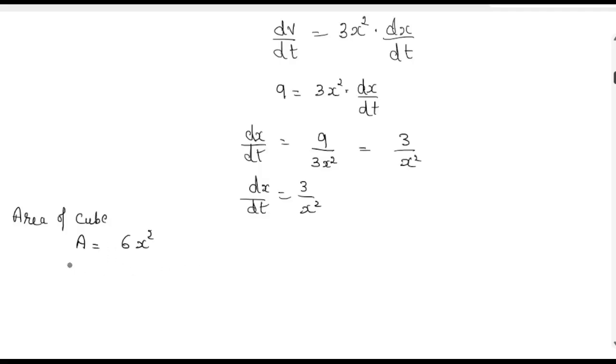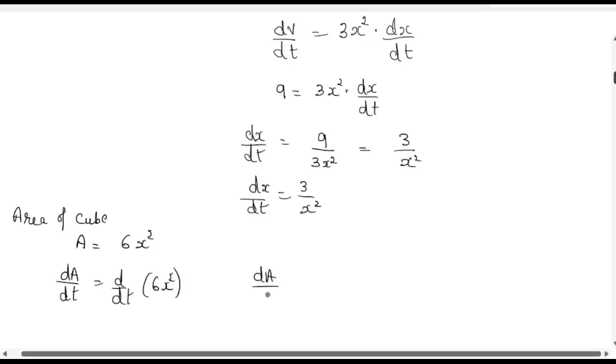So dA by dt equals d by dt of 6x square. 6 is a constant, differentiation of x square is 2x into dx by dt.